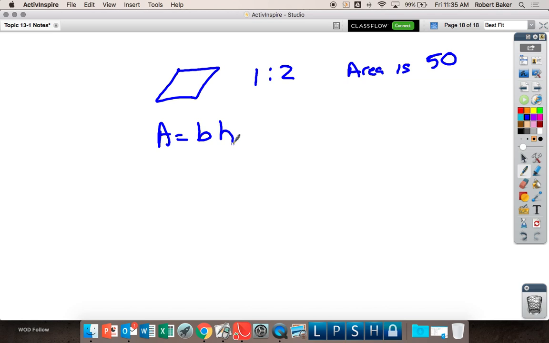So if they have a 1-to-2 relationship, the area is equal to 1 base times 2 heights. Doesn't really matter. 2 x's. It is a 1-to-2 relationship. 1x times 2x. Well, the area is 50. What is 1x times 2x's?